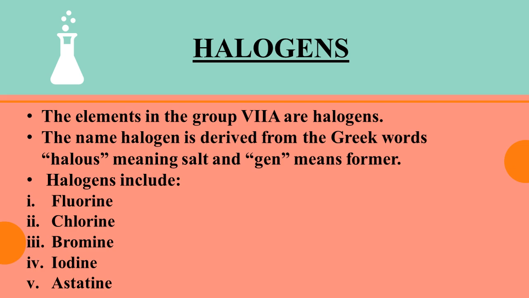For example, NaCl is the table salt which we use commonly. In it, Na is a metal and Cl is a halogen. So it means halogens are involved in salt formation. That's where the name is given to them. Halogens include fluorine, chlorine, bromine, iodine, and astatine.